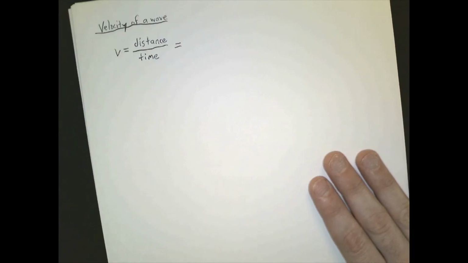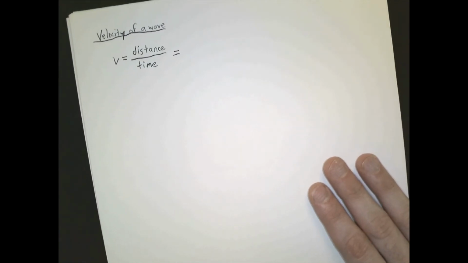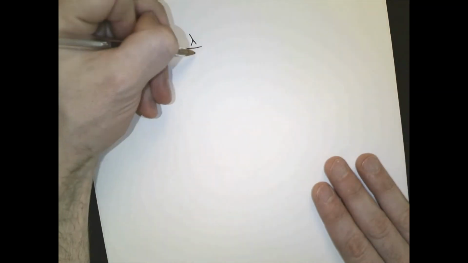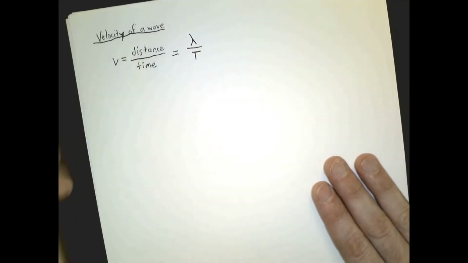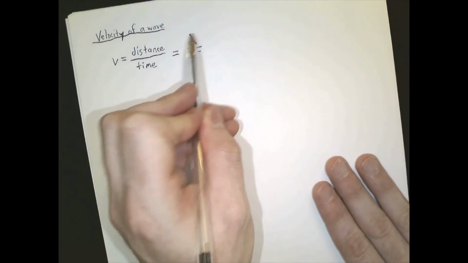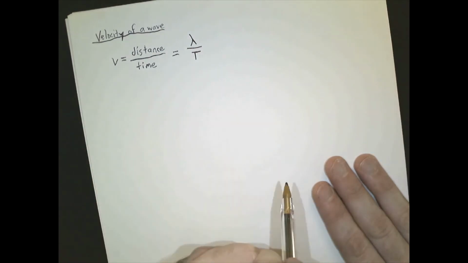If we specialize this formula to a wave, the special distance for a wave is our wavelength, and the special time is the period. So basically, the wavelength is the amount of distance traveled by the wave in one time period.